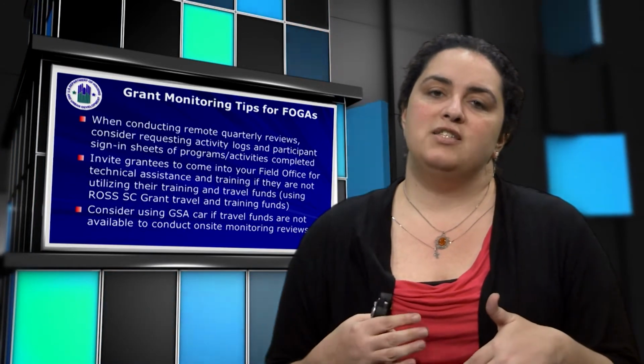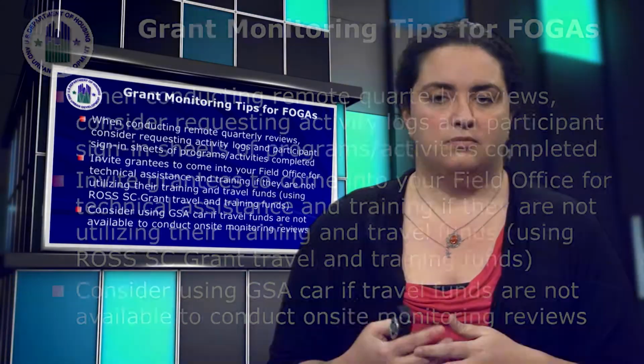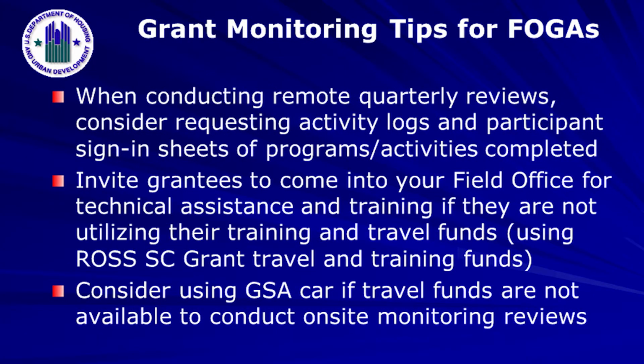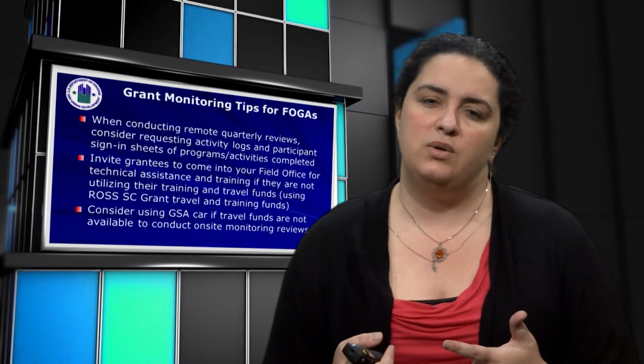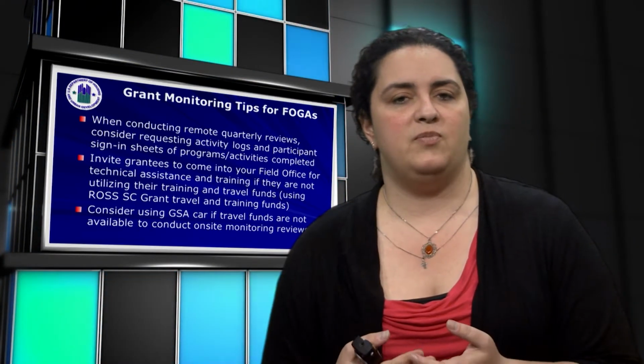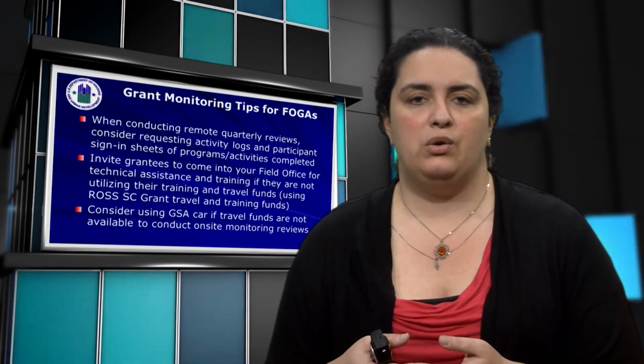Some other questions or thoughts about doing reviews are, if your office is doing any kind of on-site reviews, we recommend just a little reminder that FSS programs and ROSS programs should be part of any on-site review. But if you're doing remote quarterly reviews, you should feel free to ask for activity logs or sign-in sheets for any programs or activities, especially if you have any concerns about what they are really doing, and whether they are really connecting with the number of people that they're mandated to connect to.